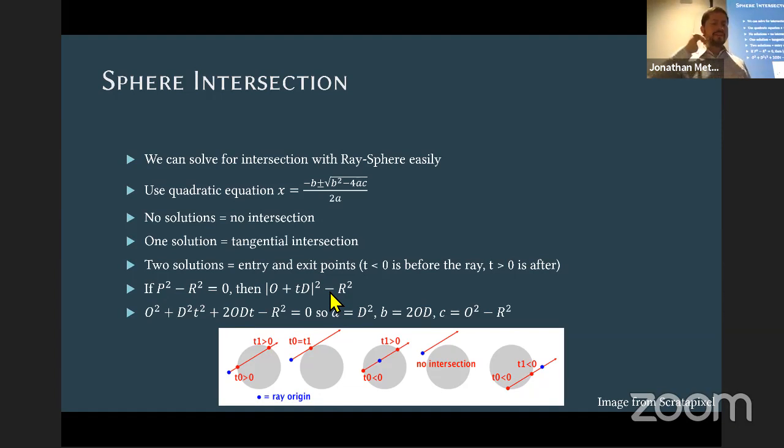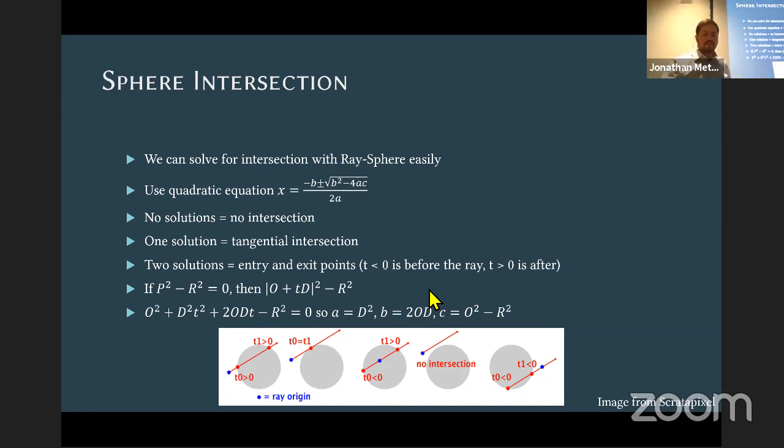If we rewrite this, we can write it as a quadratic equation, which we can solve. If we had AX squared plus BX plus C equals 0, then A would be the direction squared, B would equal 2 times the origin dot the direction, and C would be O squared minus R squared.